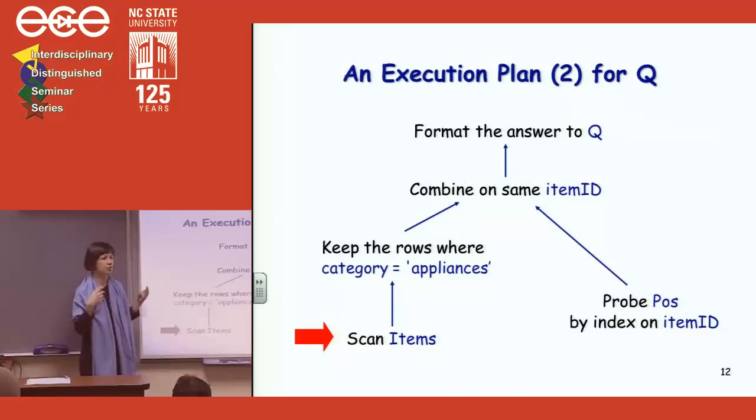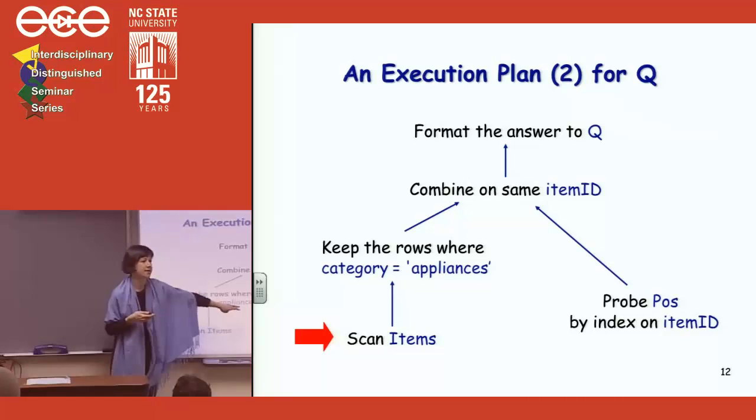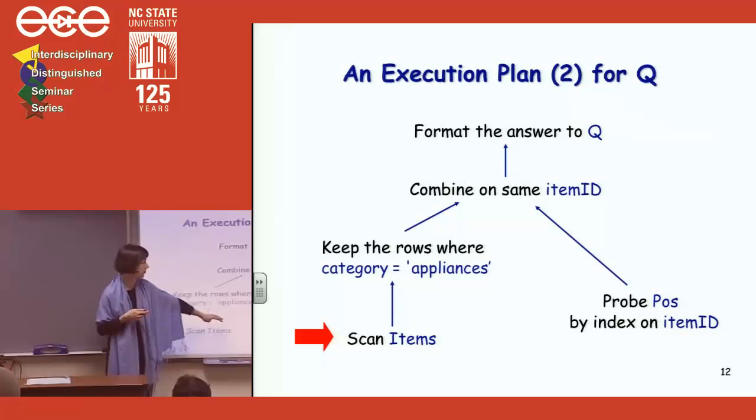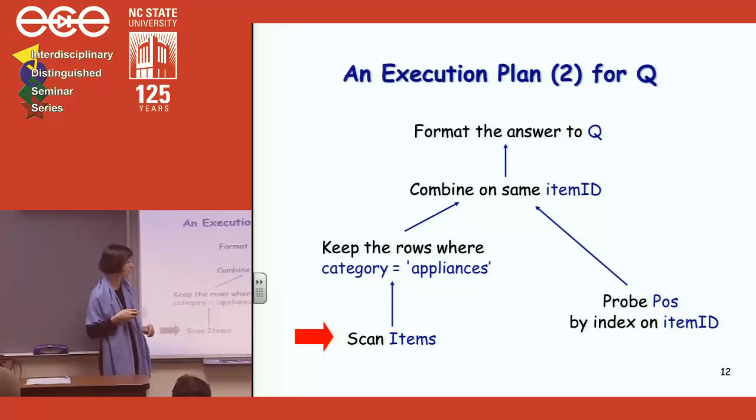If you have so-called indexes on the data, you could access a row or rows that have this item ID. That means that for the point of sale transactions table, you don't access any irrelevant data. That's a major improvement, and that's just a different plan. This is also something that a query optimizer would consider. Then again, you combine on the same item ID, and then you format the answer.